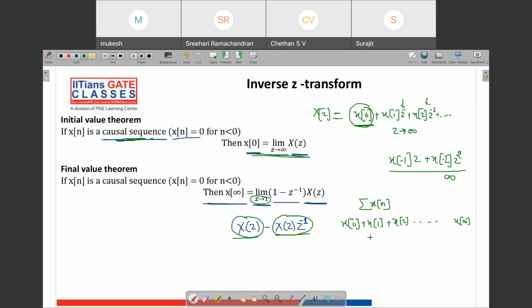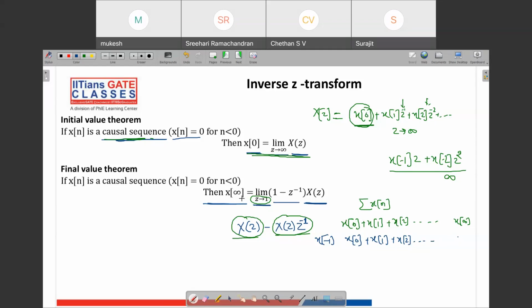In the second case it is now shifted, so there will be x of minus 1, not delayed actually, it is advanced, and it will again go on like this.